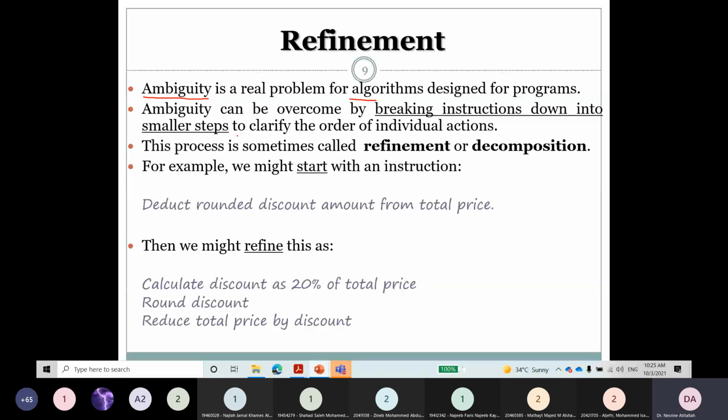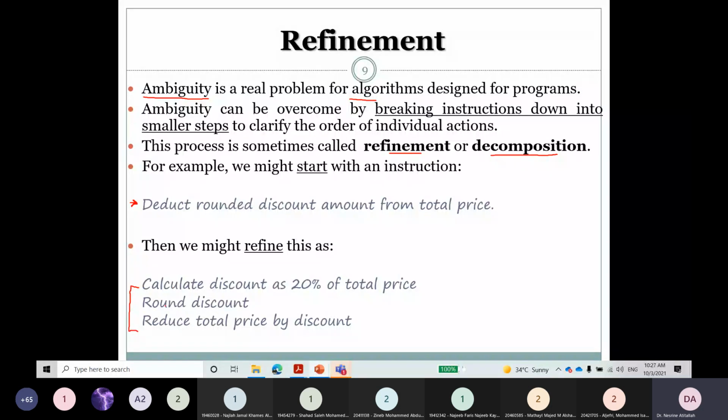Okay, so do you understand what it means? When I told you, for example, compute the smallest, or show the smallest number in the list, it can be refined: assign the first item of the list to smallest, go through this list and compare whether the item in some position is lower than the smallest, so the smallest will be this item, until we reach the end of the list, for example.